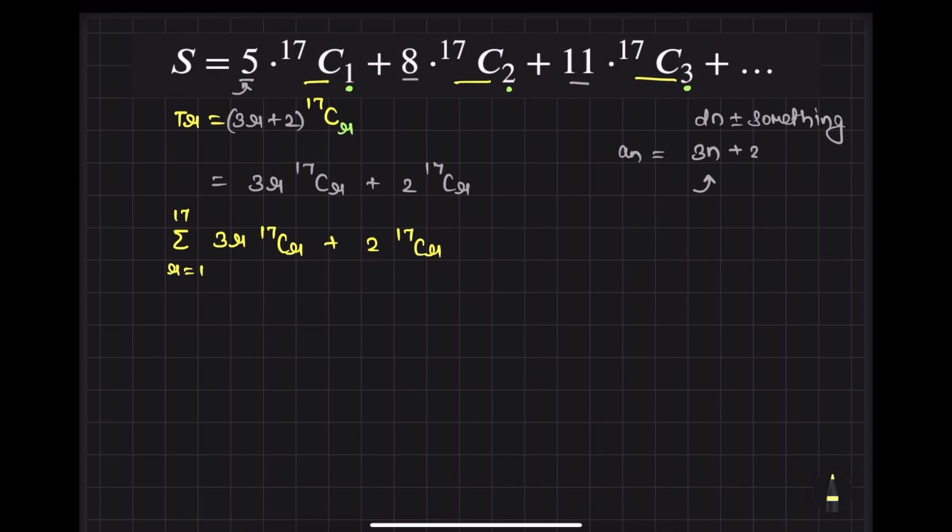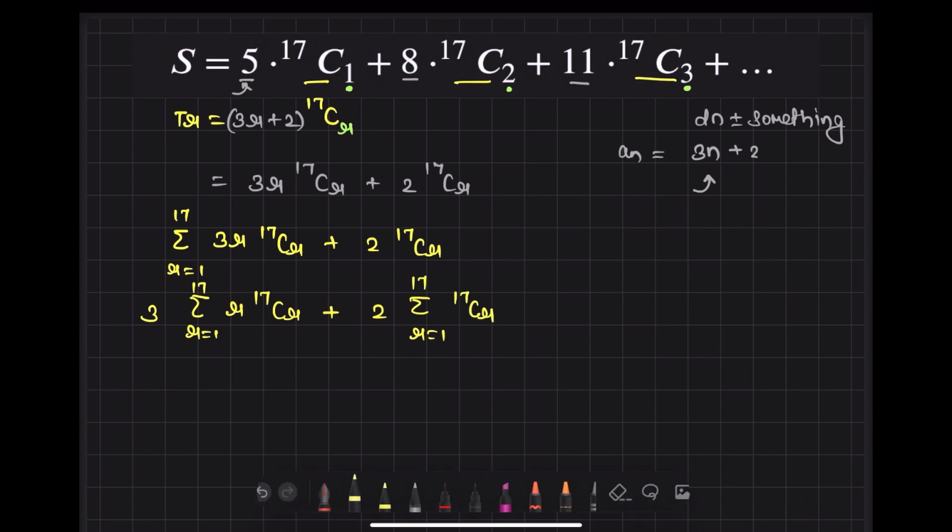Now you know that summation can be distributed when it is in addition or subtraction. And if anything is constant, you can take that thing outside. So we will have summation of r from 1 to 17, r 17Cr, plus 2 constant, summation of r from 1 to 17, 17Cr.